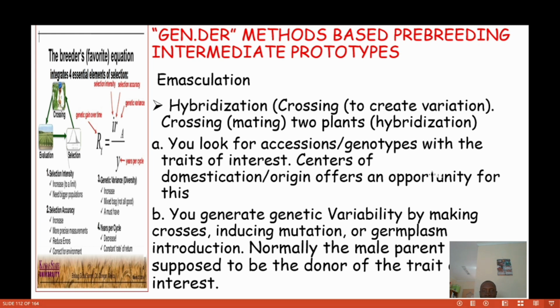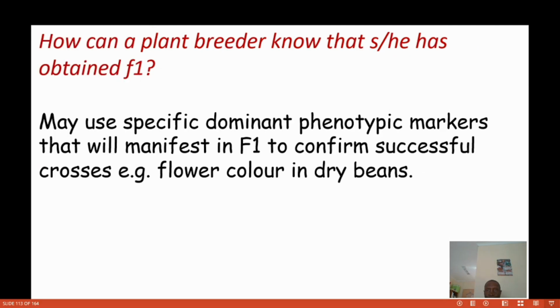The male parent is supposed to be the donor of the trait of interest. That has a lot of implications in the selection methods that one may use. So then when you do, the baby that comes out of that is the F1.